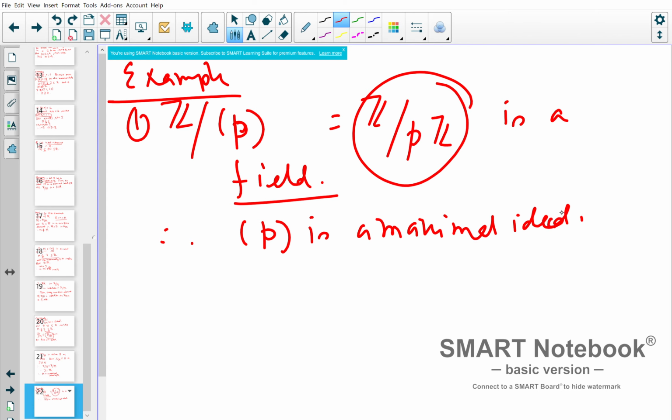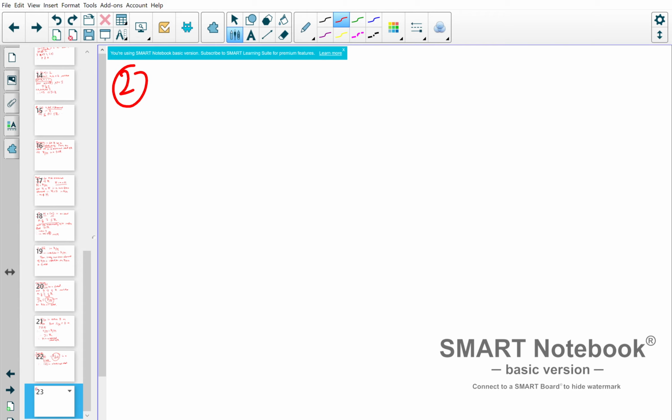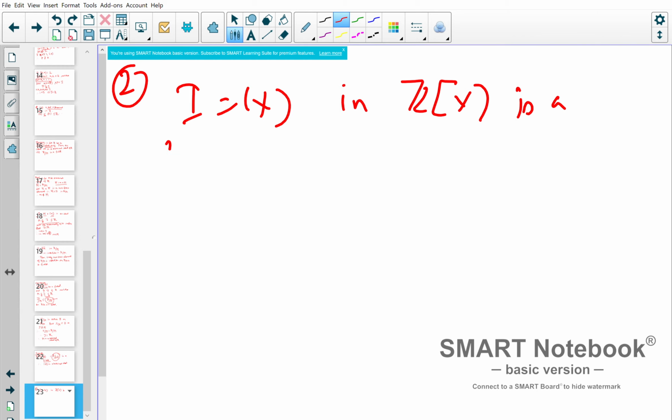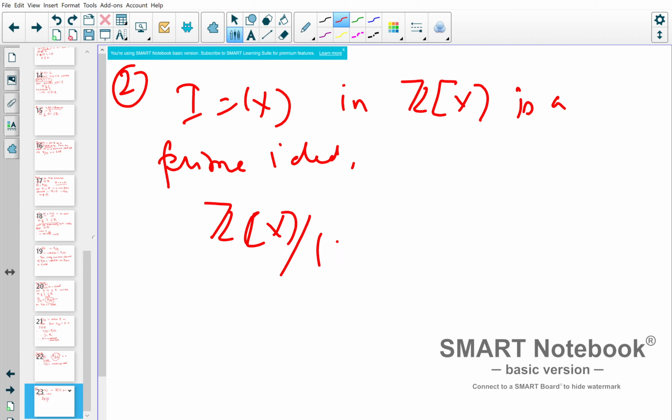Okay. Now example 2, we find that the ideal generated by x in Z[x] is a prime ideal, right? We give this example because Z[x] mod x is Z, and this is an integral domain.